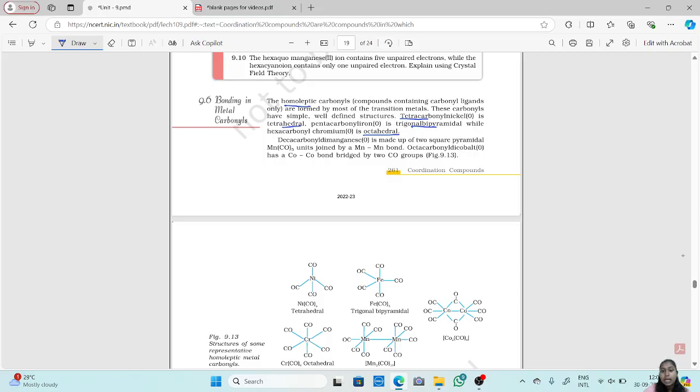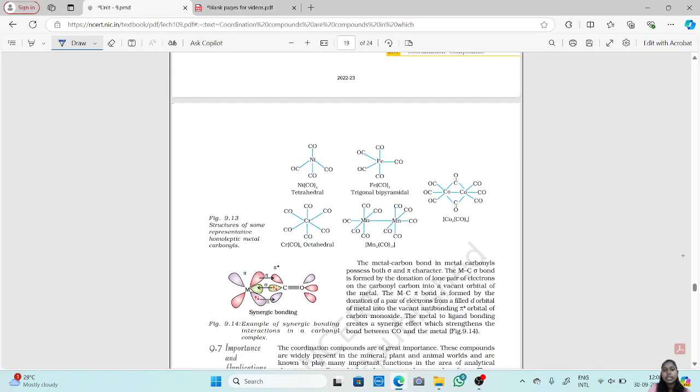Octacarbonyl dicobalt has two Co atoms joined by a metal-metal bond and bridged by two CO groups. Here we can see the simple tetrahedral, trigonal bipyramidal and octahedral structures of the carbonyl compounds.